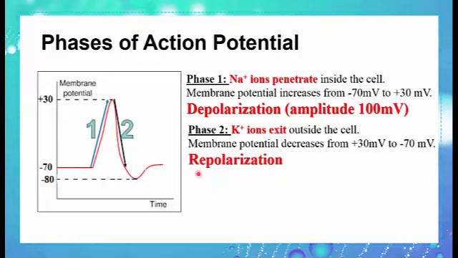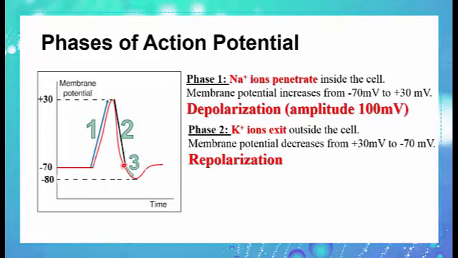We notice that the first phase and the second phase are like opposite, which means that in the first phase, when, for example, 100 sodium ions penetrate to increase the membrane potential to plus 30 millivolt, we need the same amount of potassium ions to exit the cell to return to the initial value.